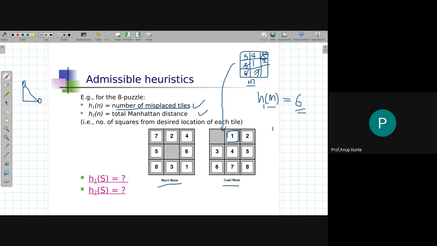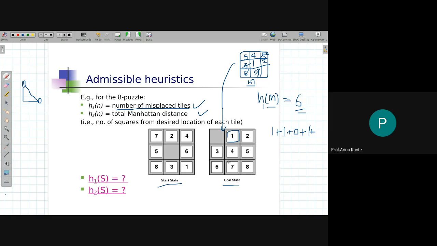So 1 is 1 Manhattan distance away from its actual place. Similarly 2 is also 1 Manhattan distance away from its correct spot. What about 3? 3 is correctly placed, so the Manhattan distance is 0. 4 is also 1 Manhattan distance away from its actual position.